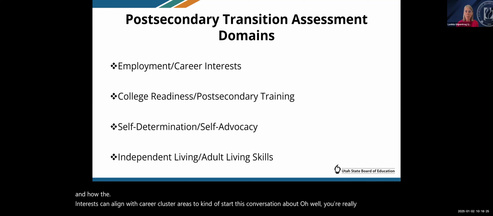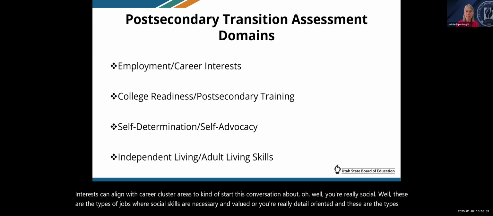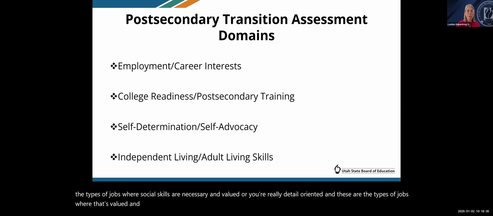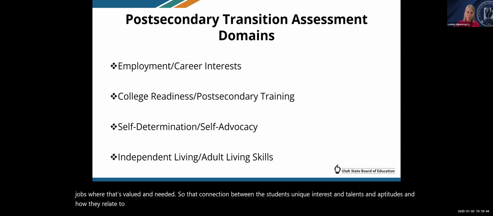Well, these are the types of jobs where social skills are necessary and valued. Or you're really detail oriented, and these are the types of jobs where that's valued and needed. So that connection between the students' unique interests, talents, and aptitudes, and how they relate to careers. So that's the biggest domain.